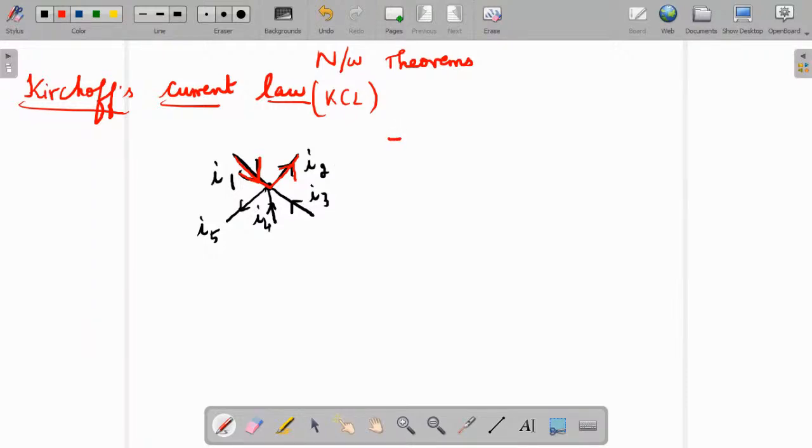So what will come? Minus I1, I2 is leaving so plus I2, I3 is approaching so minus I3, and I4 is also approaching the node so it is minus I4, and I5 is leaving, so it is plus I5 equal to 0. This should be your KCL equation.